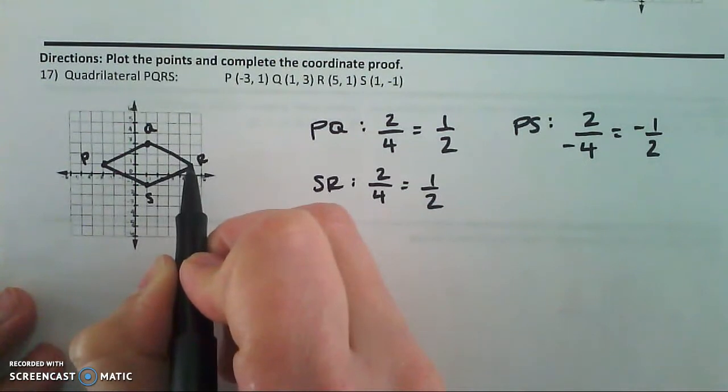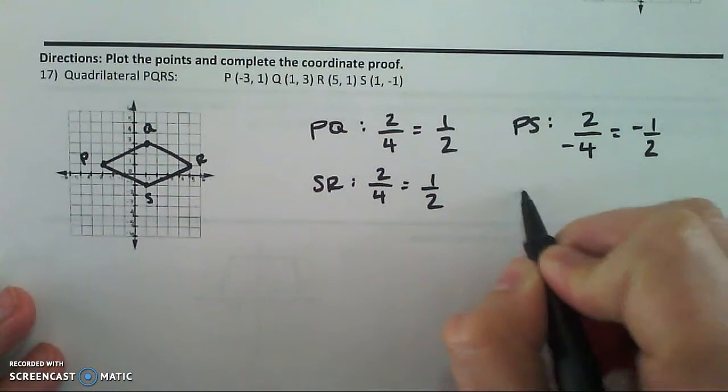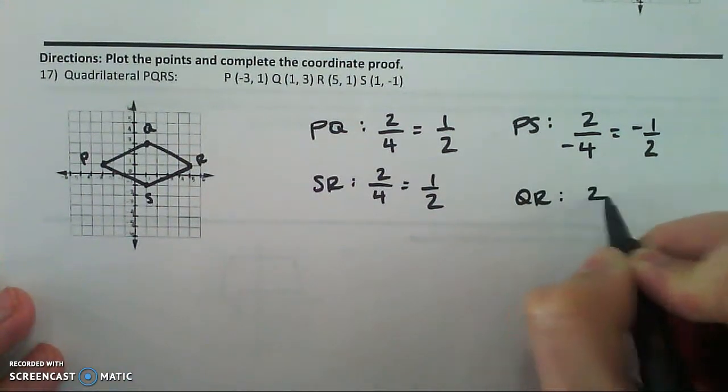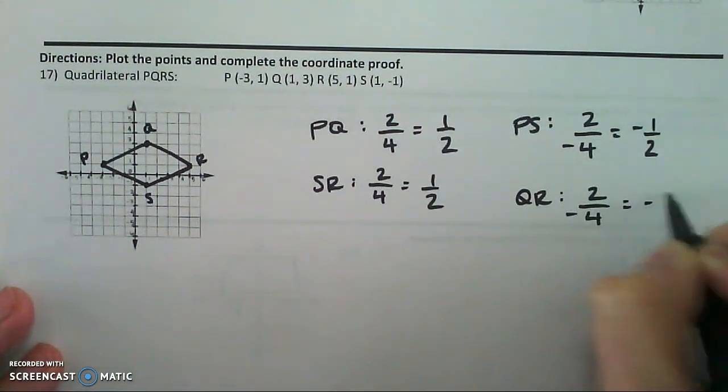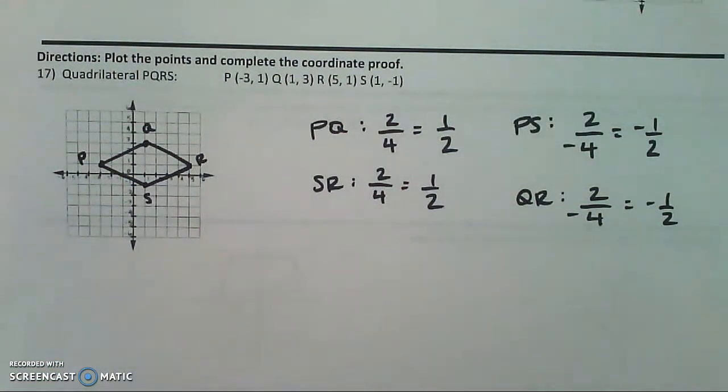And then over here for QR, up 2, back 4, again negative 1/2 slope. So we've just proven that this is a parallelogram, at least, because both pairs of opposite sides are parallel.